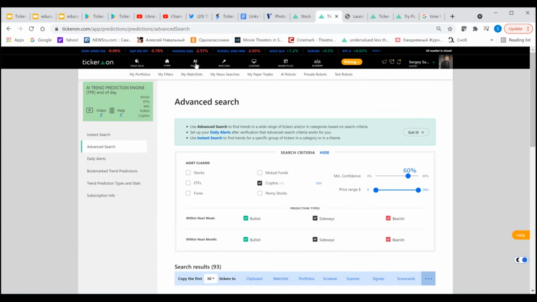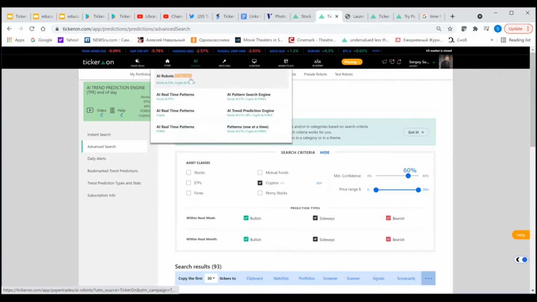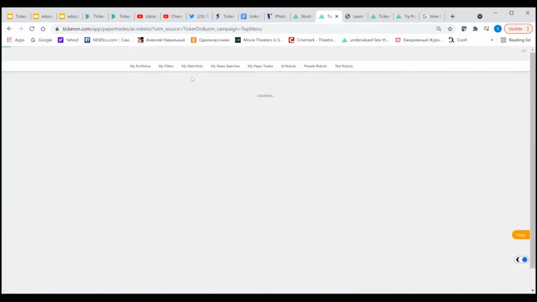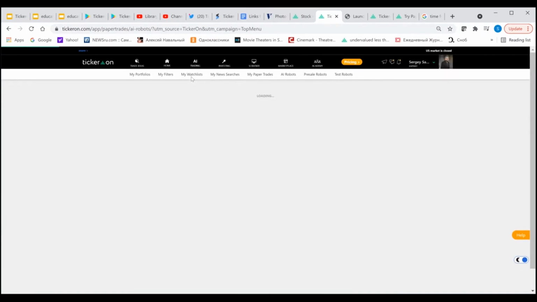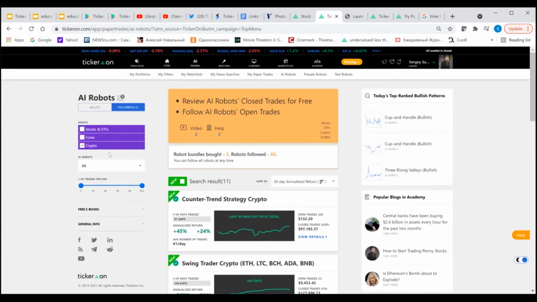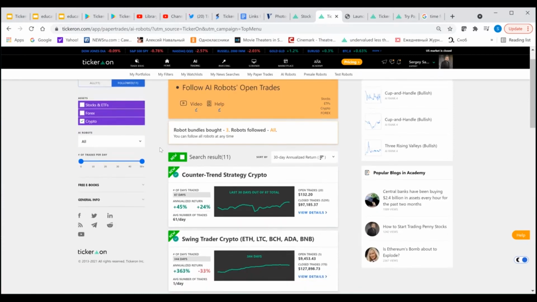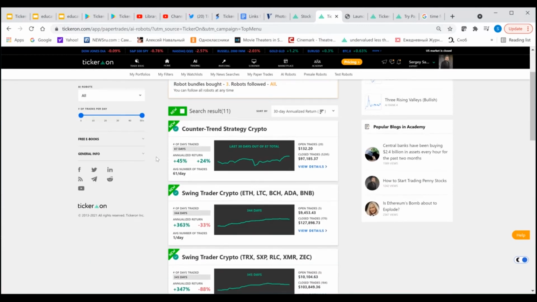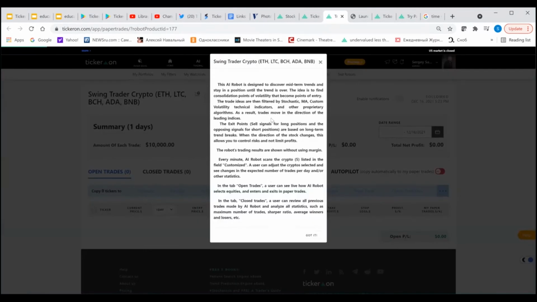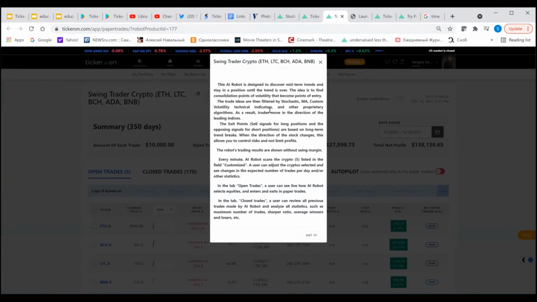And now let's look at our robots, okay? So if we look at these robots, the list is downloading. You see, it's also set up for cryptos. It could be stocks. So what are the robots? Let's select that one. You see, they are based on some ideas, right?